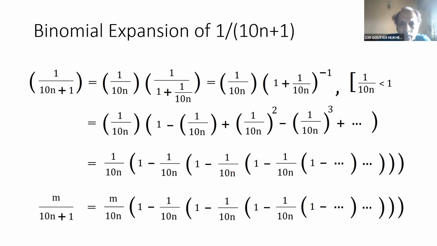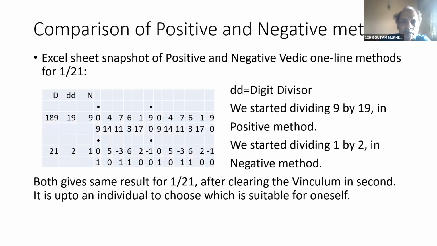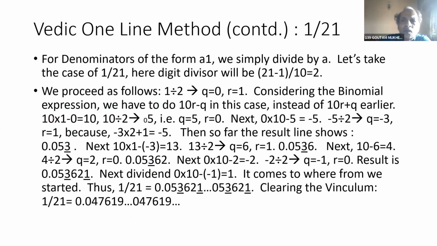I'll keep on doing only quotient, remainder into 10 minus this thing, quotient. If I do it like that, and anything multiplied by that, it will be multiplied by that external. So I'll give you a practical example of this. I start with 1 by 21.